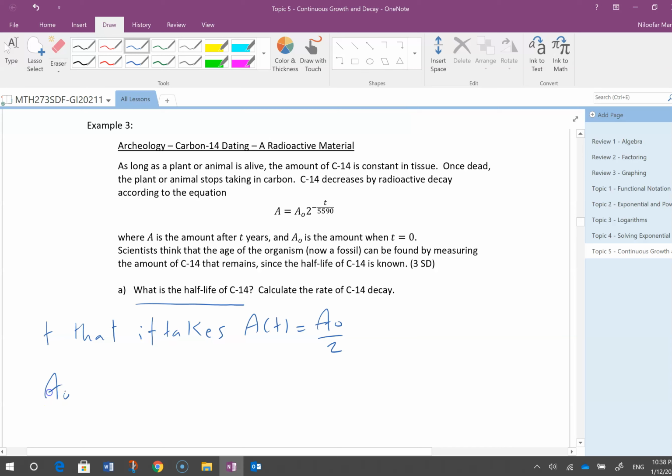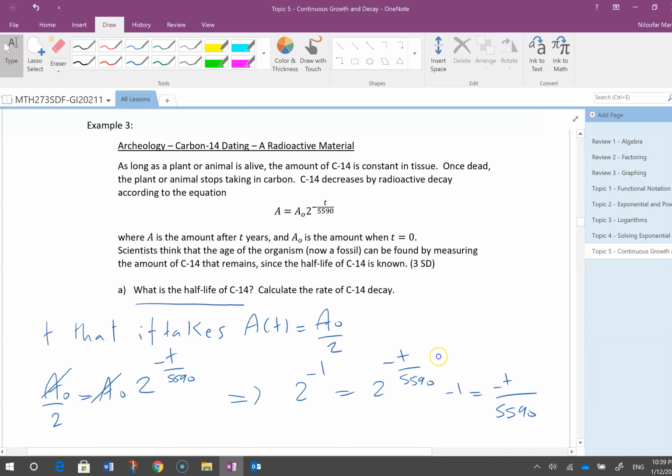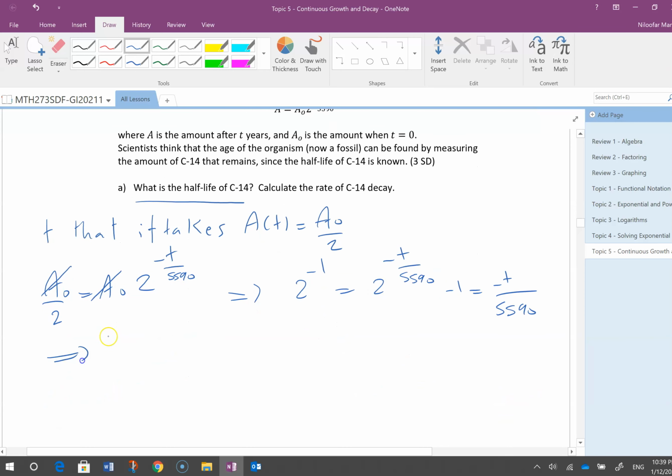So A0 times 2 power minus T divided by 2, A0 cancels, so I have 2 power minus 1 equal 2 power minus T over 5590. So I have minus 1 equal minus T over 5590, so T equals 5590 years.